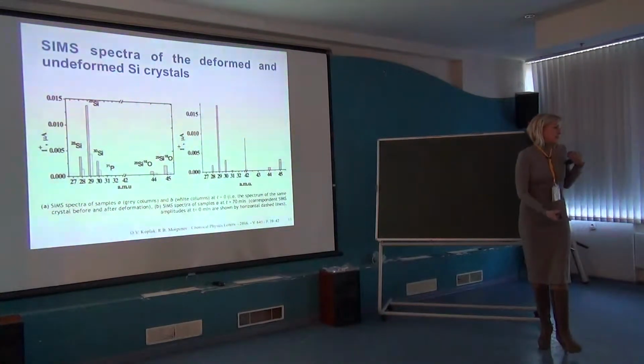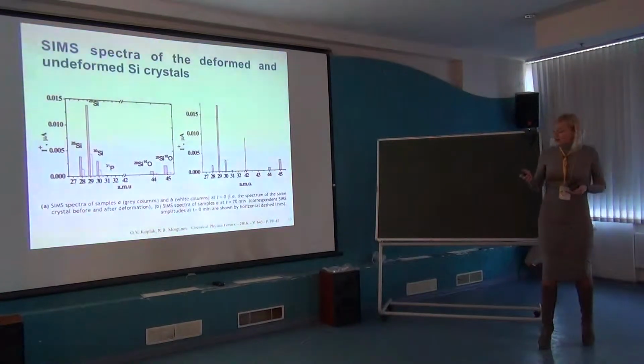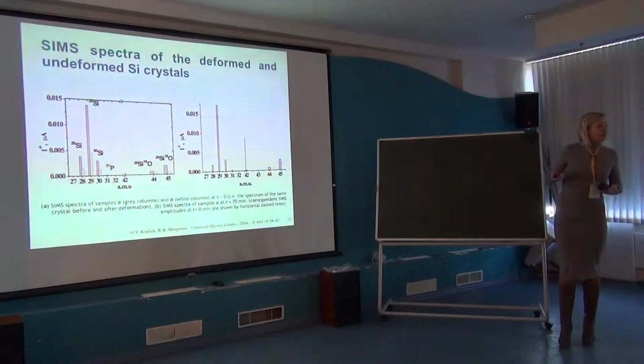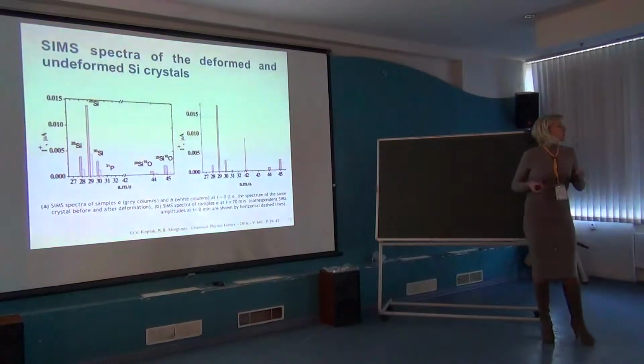How deep is this effect? Again, SIMS, secondary ion mass spectrometry, and you see just the isotopes and their oxygen complexes on the surface and, with this dashed line, at a depth of 10 nanometers. And you see that some differences exist.